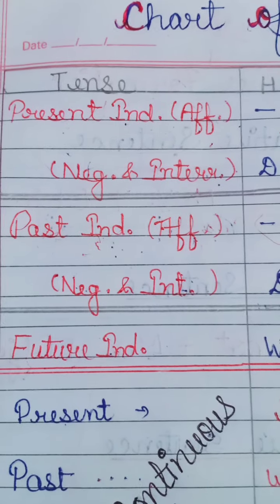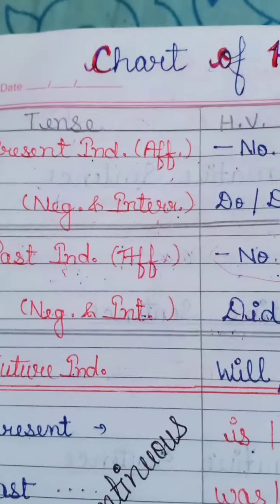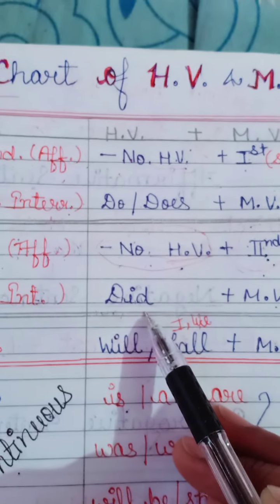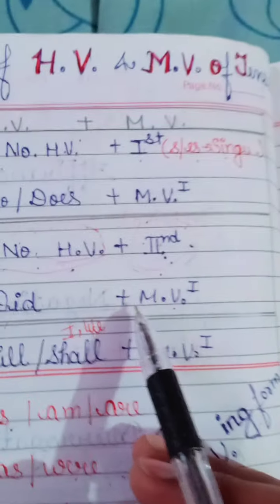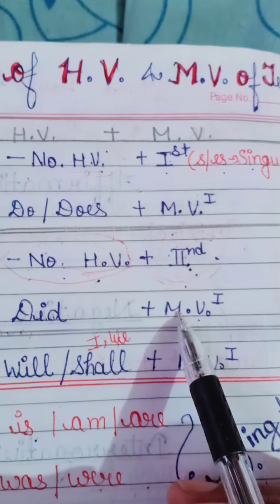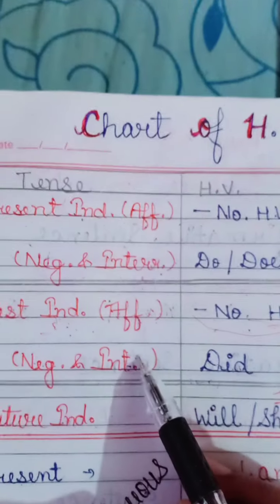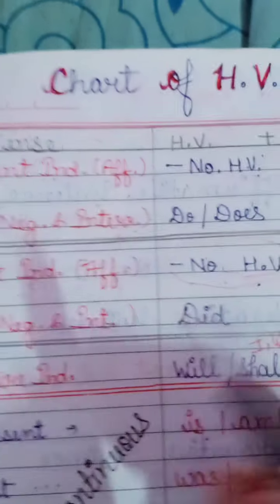Now we are going to discuss the negative and interrogative part of past indefinite tense. It takes the helping verb did with all the subjects, whether singular or plural, and the first form of main verb. Again, it takes the first form of main verb in a negative or interrogative sentence. Okay, I'm going to give you an example.